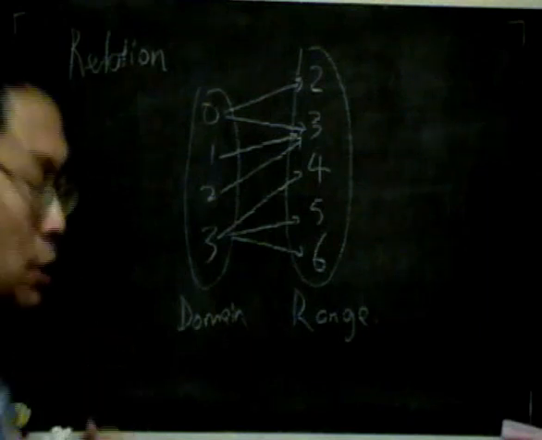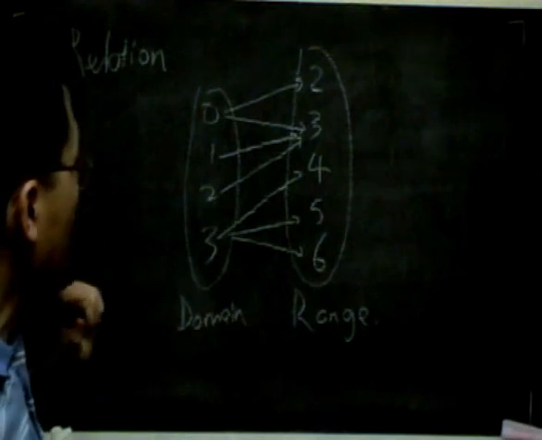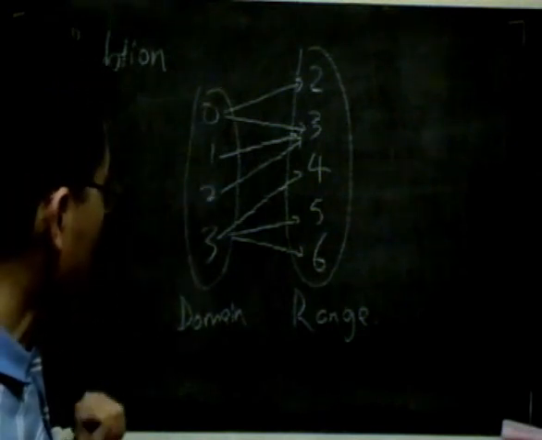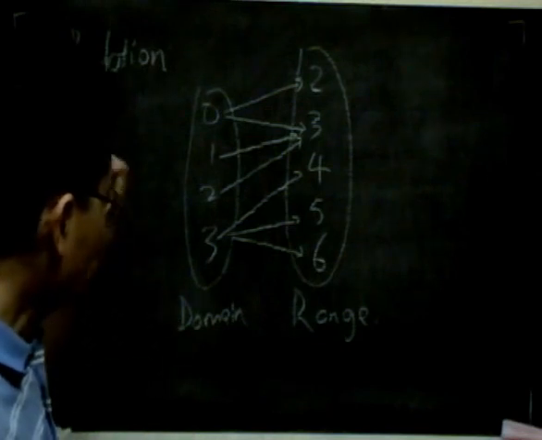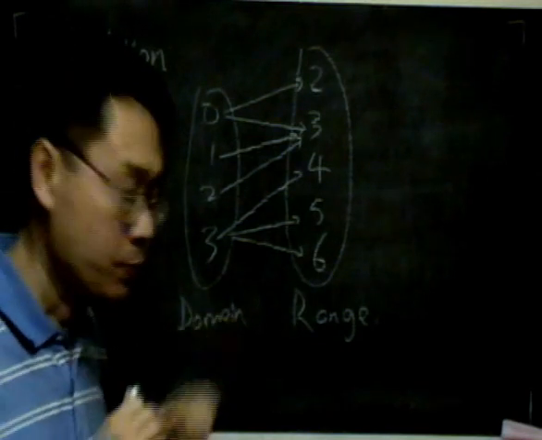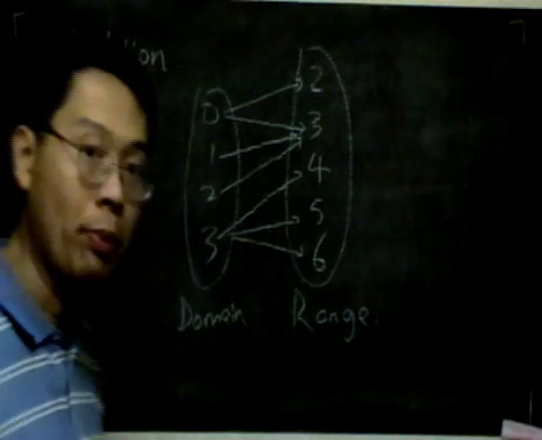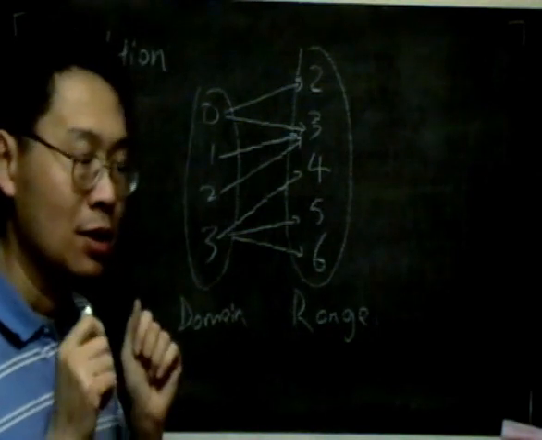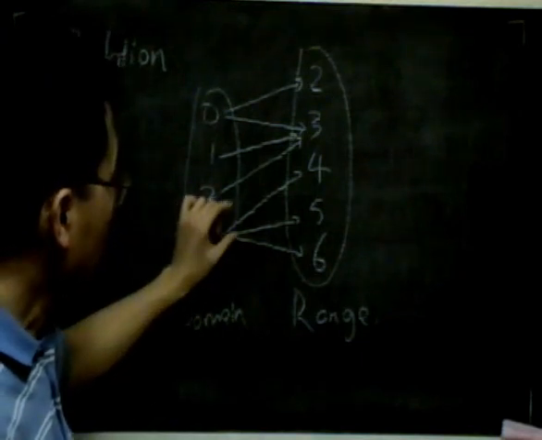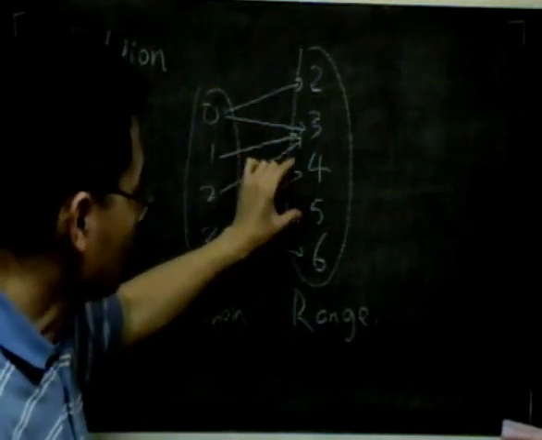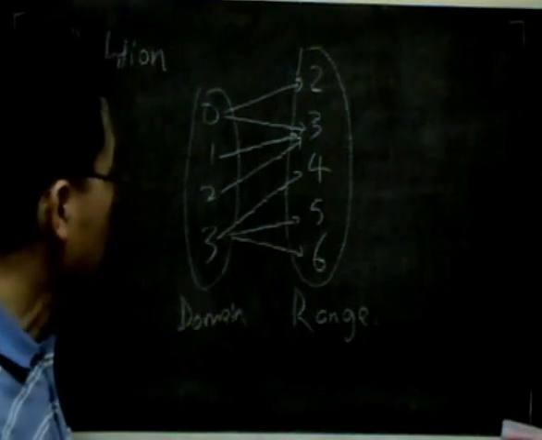The restriction in functions is that, if we look at this example here, for a function, a number in the domain cannot be related to more than one number in the range.